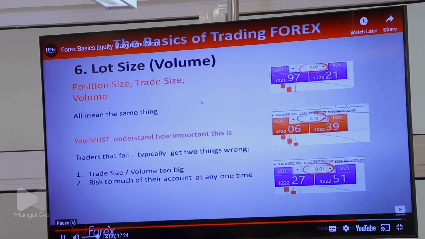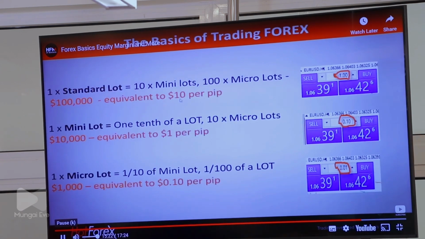So typically, the lot size is shown here when you open a position. So this is a full lot, mini lot, and micro lot. We'll have a look at that on the next slide. So be aware of the size, the volume that you're taking on. So one standard lot is equivalent to $100,000. That's the rule.